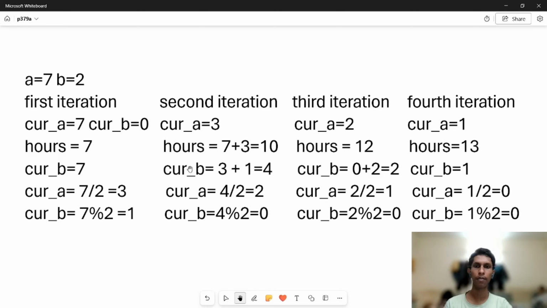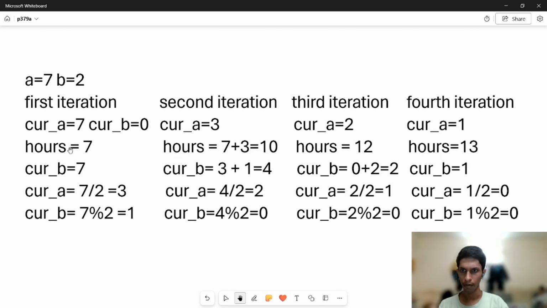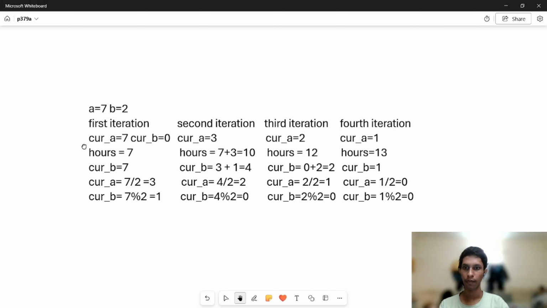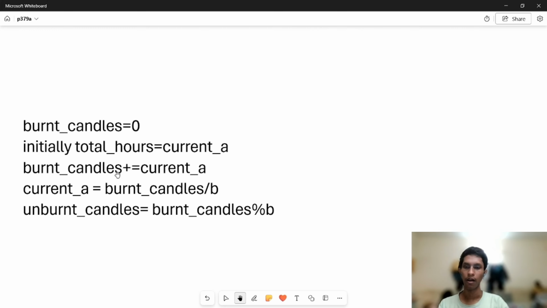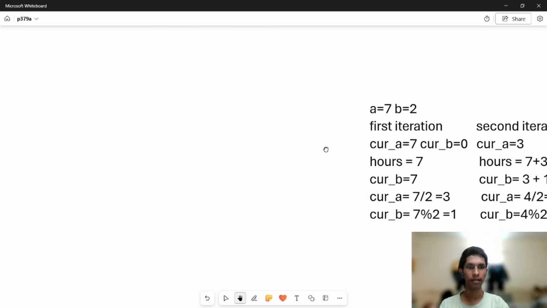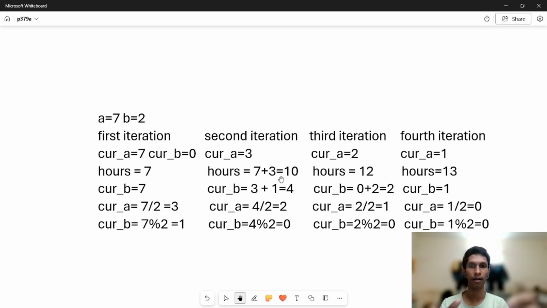After that, the current number of B will be, since we have calculated here, 1. It is mentioned here that the burnt candles will be assigned the value of the current candles. So for the second iteration, the value of the current candles is 3, so the value of B will be 3.